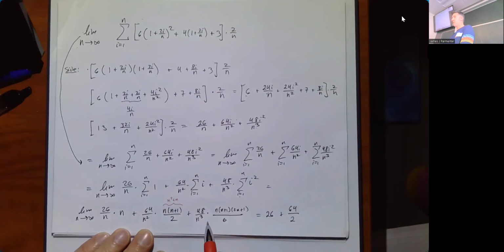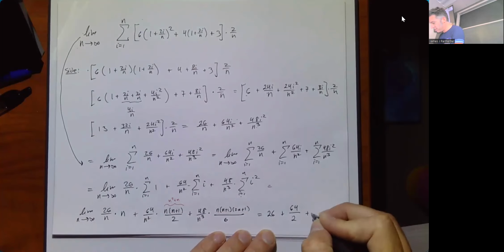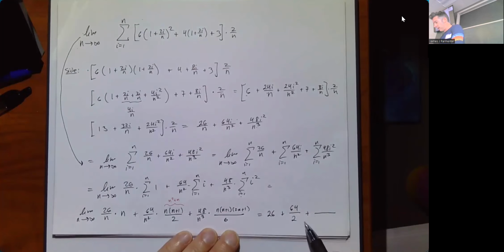If you distribute the 64, you get 64n squared plus 64n. Oh, and by the way, the degree on top and the degree on the bottom are the same, so the limit is just the quotient of those leading coefficients, which we talked about last time a little bit.